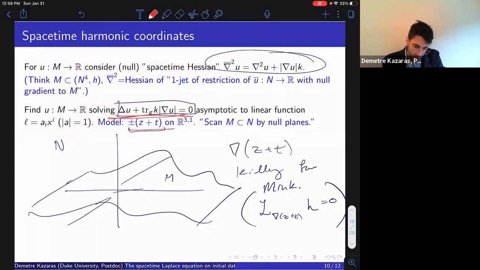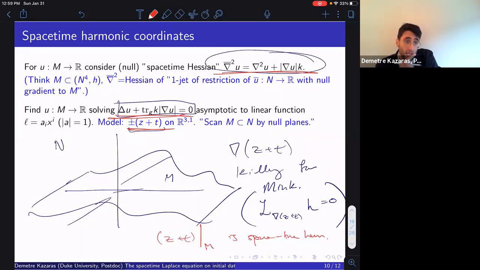Well, they would just be the restrictions of z plus t to the graph of that function, the restriction of z plus t to M. So z plus t restricted to M is space-time harmonic. In particular, it's actually in the kernel of the space-time Hessian of these things.